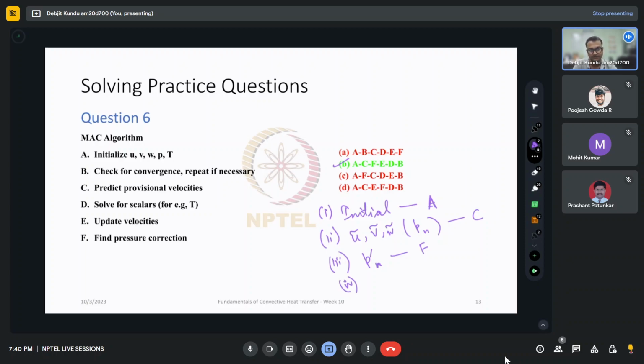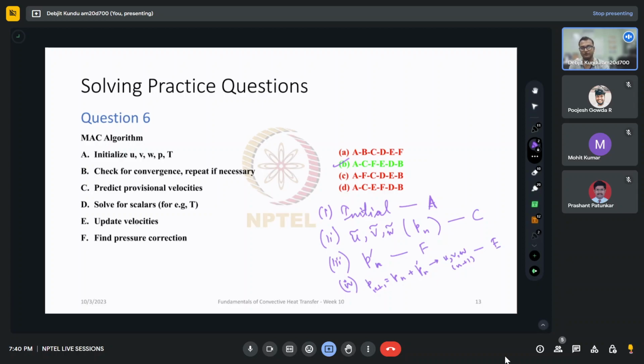So using these corrected pressure, Pn plus 1 should be equal to Pn plus Pn prime, that is the correction term. And using these, we find out the velocities u, v, w at n plus 1th time level. So this is the step update velocity, that is step E.